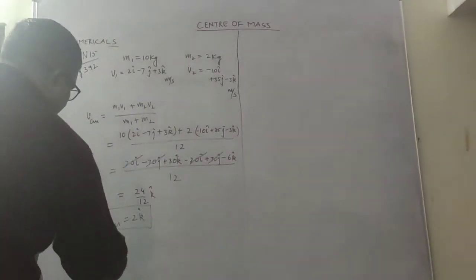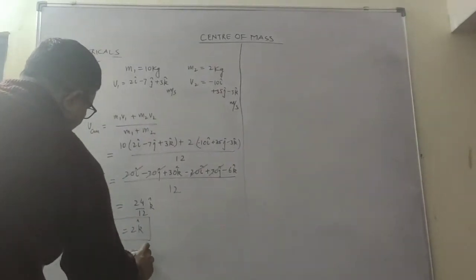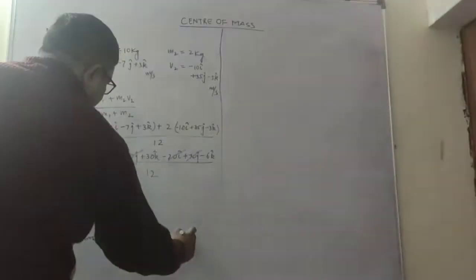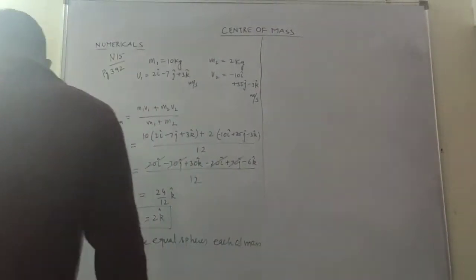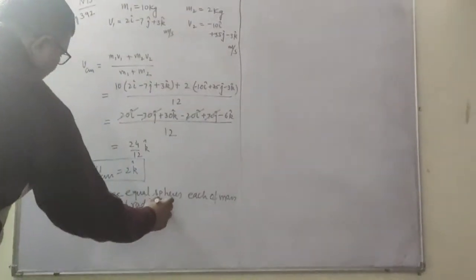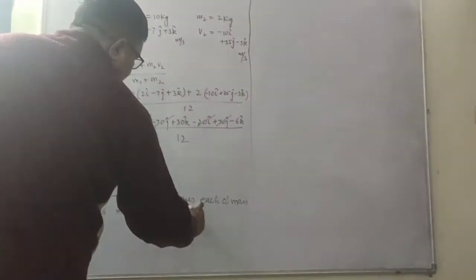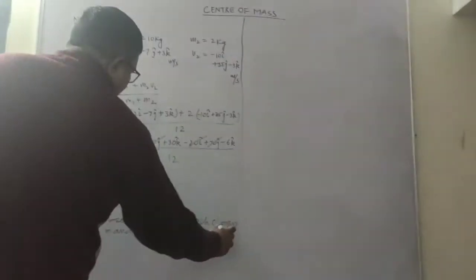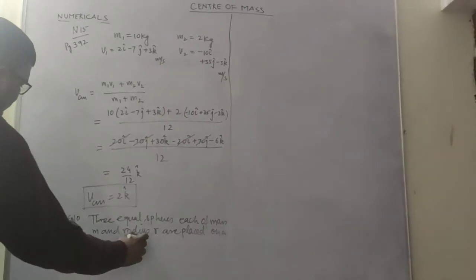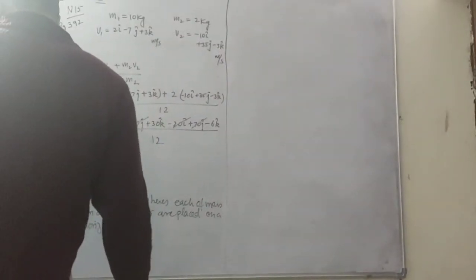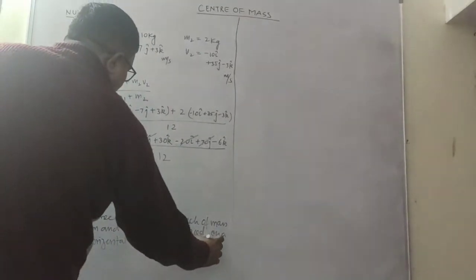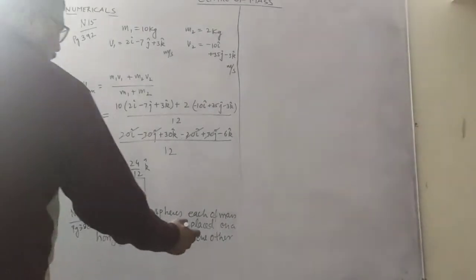It says that three equal spheres, each of mass m and radius r, are placed on a horizontal surface, touching one another.